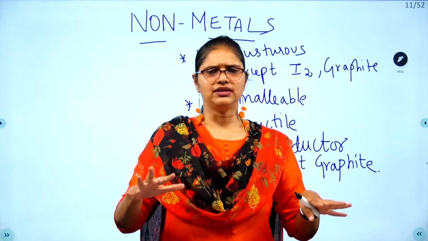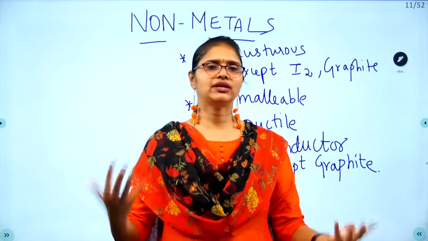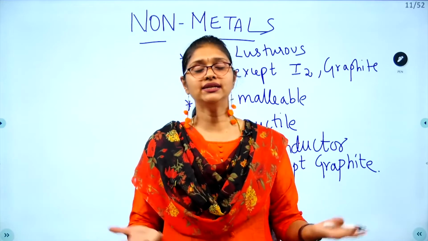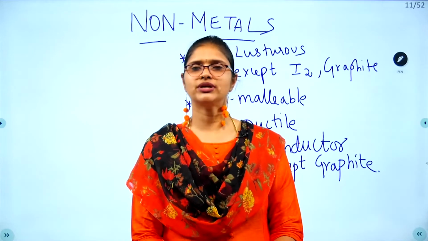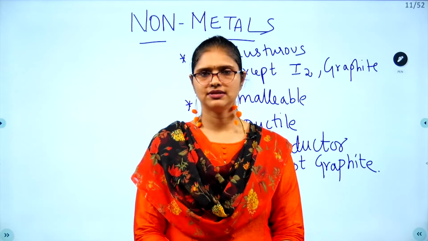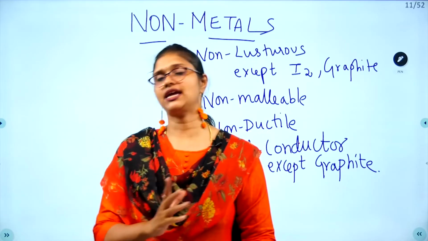In general, whether metal or non-metal, it is losing or gaining electrons. Why does this happen? Because in order to attain stability, any element will either lose electrons or gain electrons. Non-metals generally gain electrons.